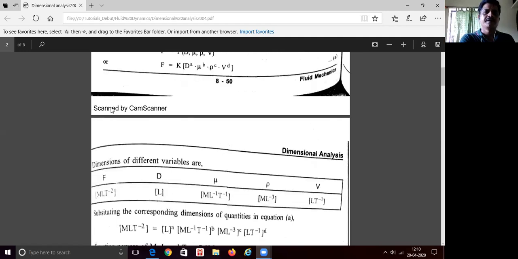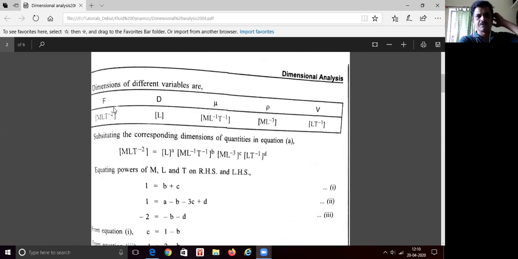Here, a very important thing: we should know the dimensions of force, diameter, viscosity, density, and velocity. I told you in the first class, for any physical quantities, you should know how to write these dimensional forms. F is equal to MLT minus 2. First, you remember the unit for force.